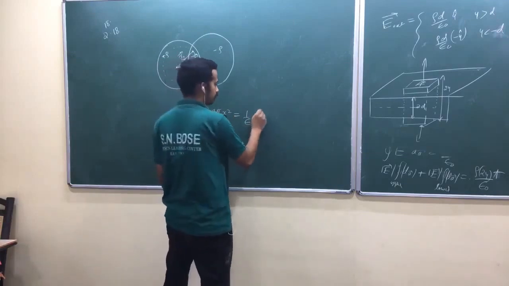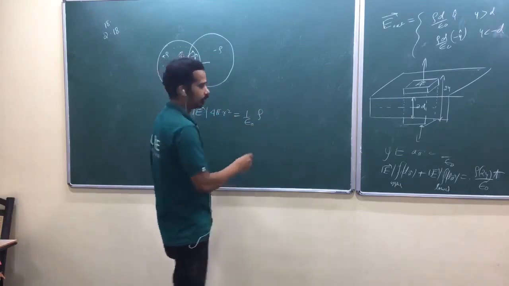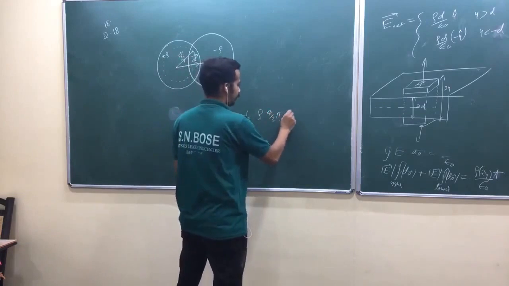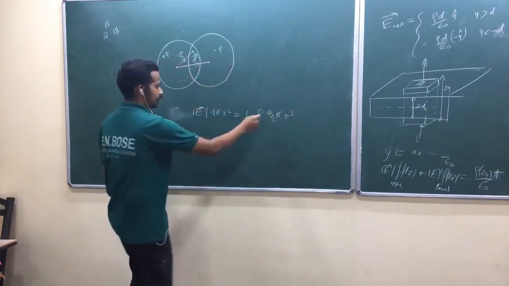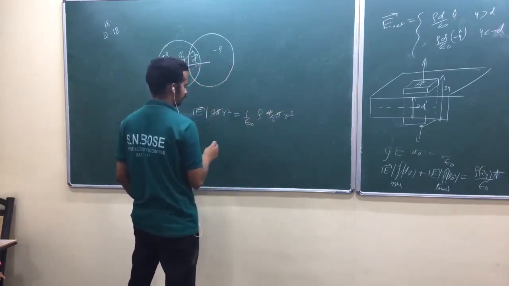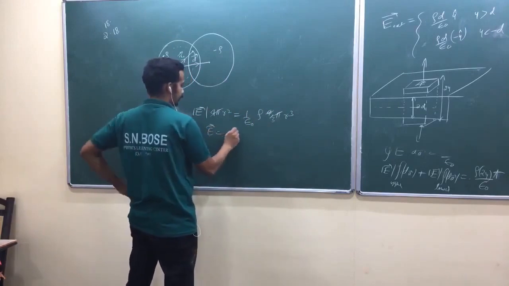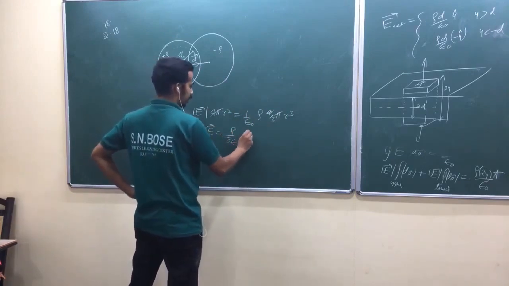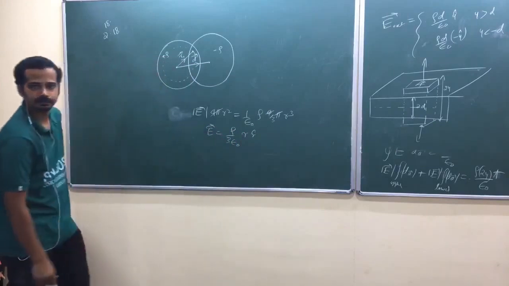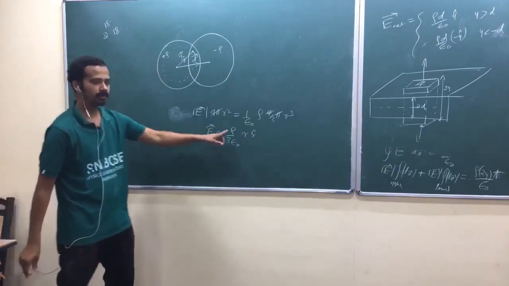Q enclosed means rho, the charge density, times the volume 4 by 3 pi r cubed, isn't it? So the electric field will be rho by 3 epsilon naught r times r cap. If rho is negative, one more negative sign will be there.